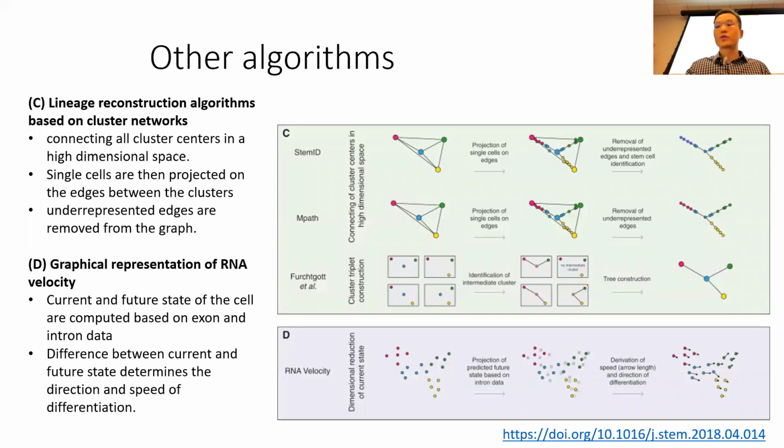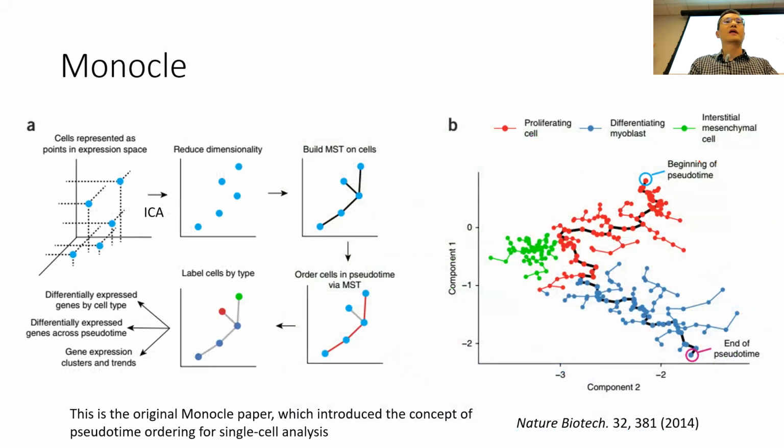There are other algorithms. I don't think I have time to go through them one by one. But overall, the goal is the same. I have to mention Monocle, because this is widely used. By the way, I don't like this package.